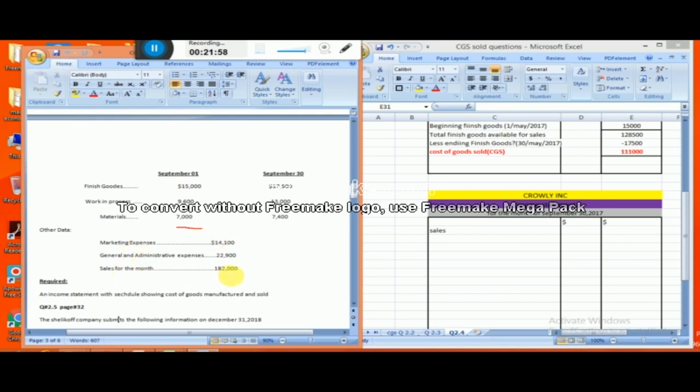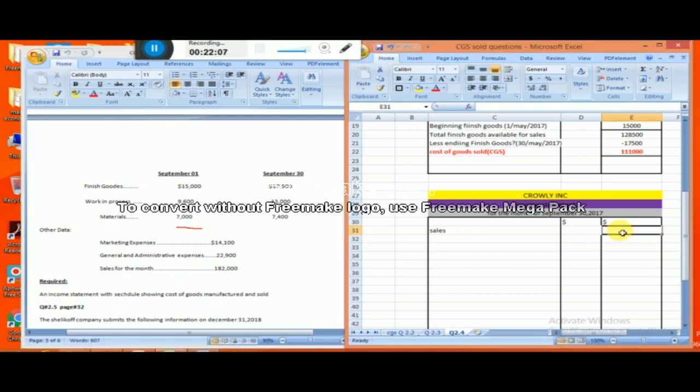Sales for the month are $1,82,000. If any sales returns are given in the question, we will subtract sales returns from the gross sales. But here in the question, no sales returns are given, so this is our net sales.